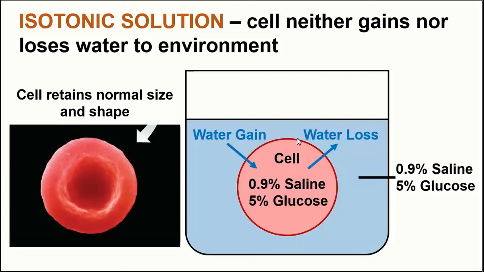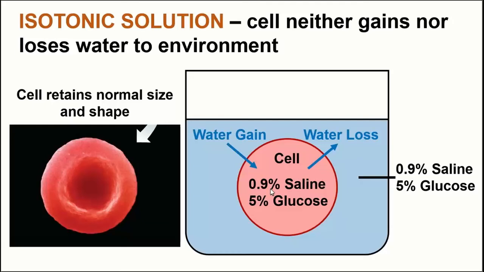So in this example diagram, we've placed our red blood cell, which contains about 0.9% saline within it and about 5% glucose. Because we're thinking about osmosis, and osmosis has to do with the movement of water, what I want you to do when you encounter a situation like this is calculate the amount of water that's in the cell, and calculate the amount of water that's in the solution that you've placed it in.